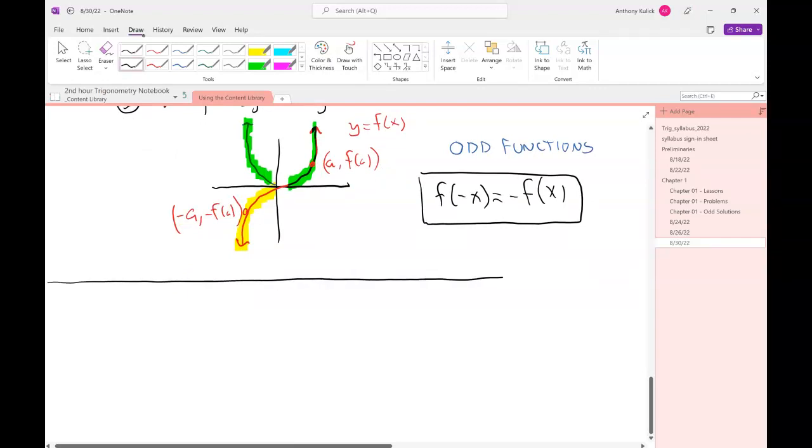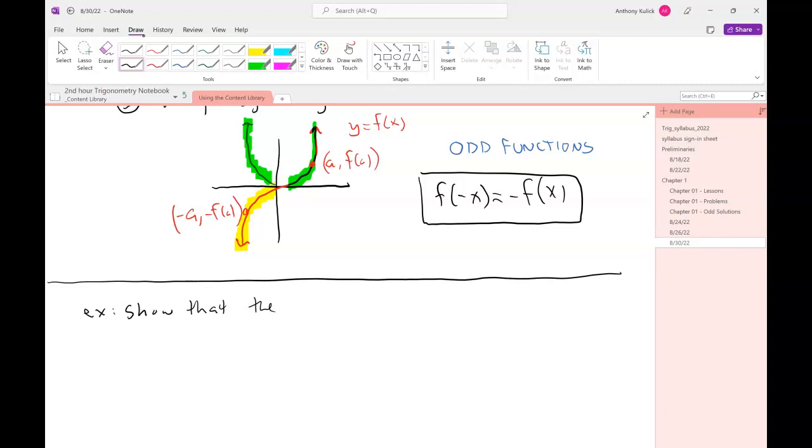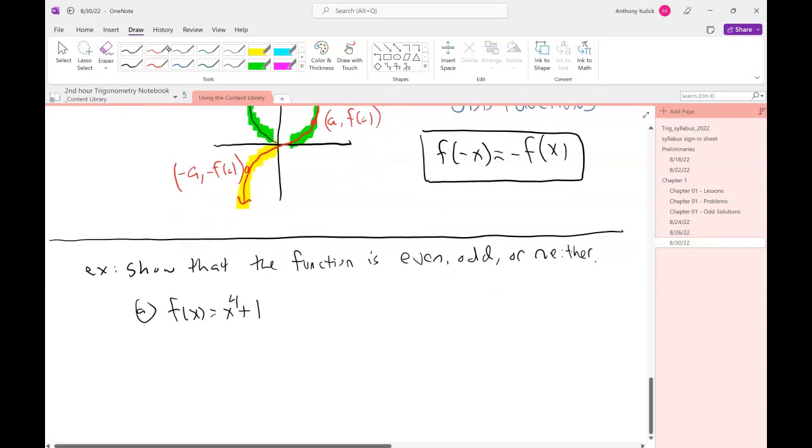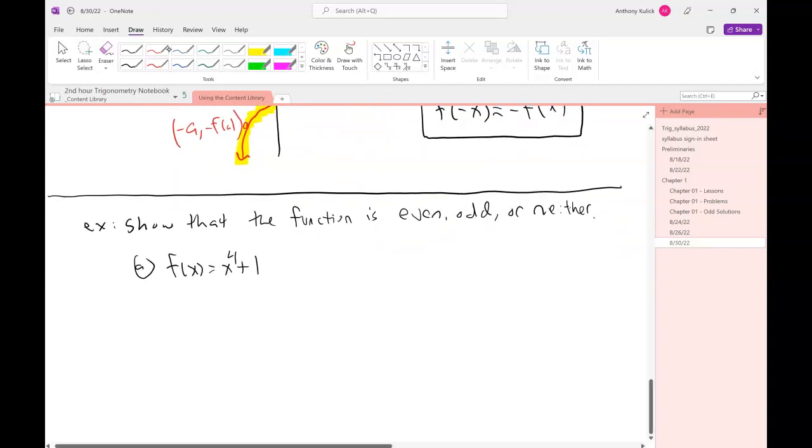So, next up, example. All right. So let's say that we want to show that a function is even, odd, or neither.